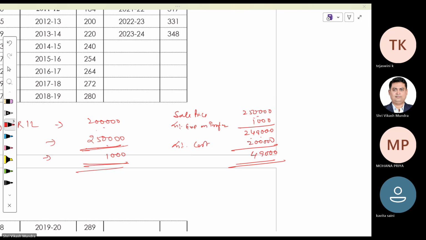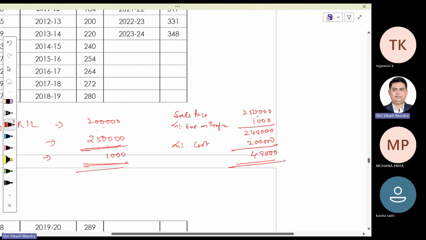Priya, Kavita, do you think there is some rocket science, or is computing capital gain one of the easiest calculations in the entire income tax law? To some extent. You calculated perfectly. This is the calculation of capital gain.